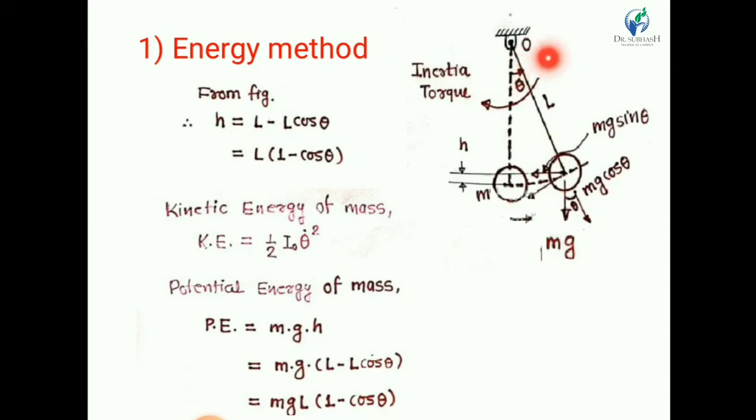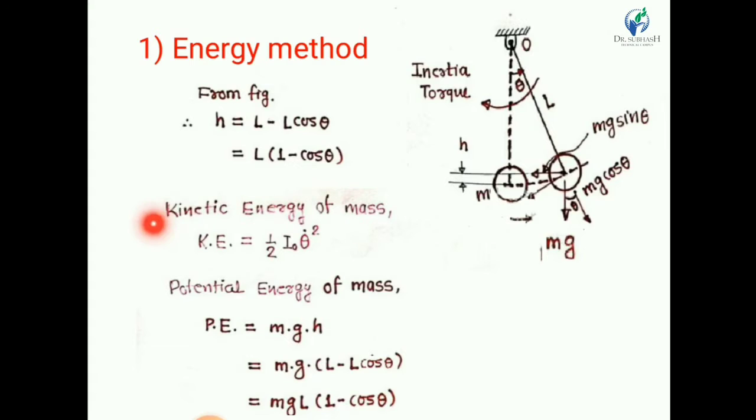But here we consider a rotational kinetic energy, because our pendulum is oscillating in this way. So rotational kinetic energy of the mass is equal to 1/2 mass moment of inertia IO into theta dot square, where theta dot is the angular velocity.